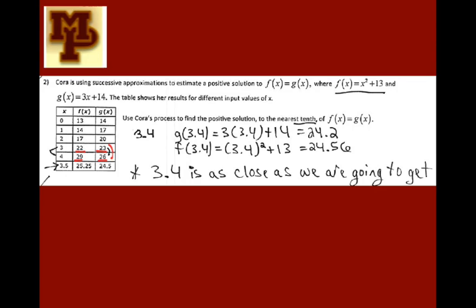So we could try a number between 3 and 4. For instance, 3.4, and if you plug in 3.4 for each of those, the y-coordinates turn out to be very similar. So I would say 3.4 would be about the best we could get for a solution going this route.